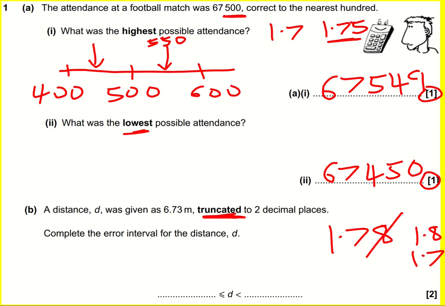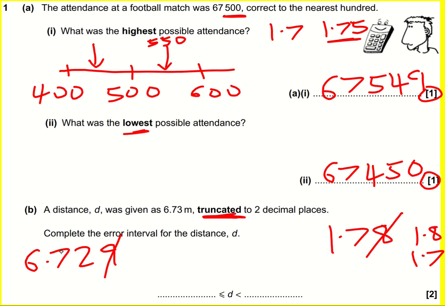So I need to think about distances truncated to two decimal places, and that we're going to get 6.73. Now, if I had 6.729, say, then if I truncate this to two decimal places, I just chop the 9 off and it would be 6.72.